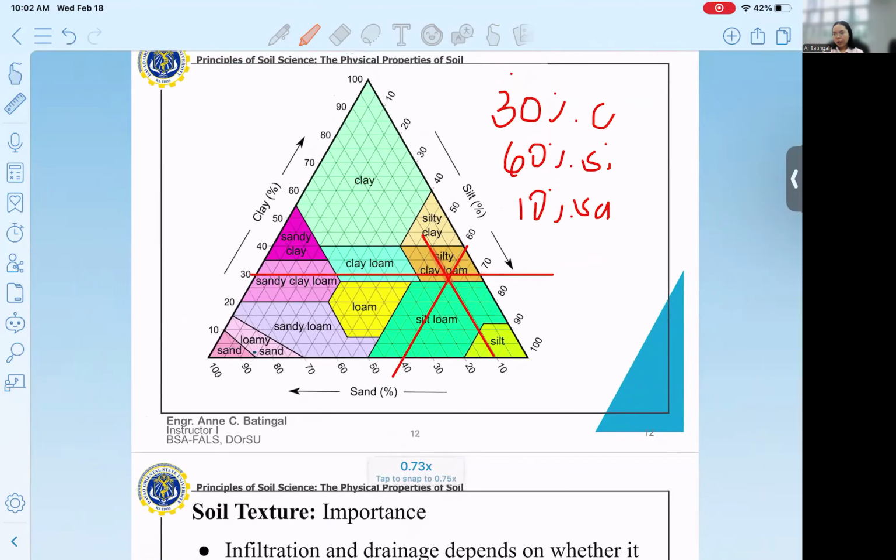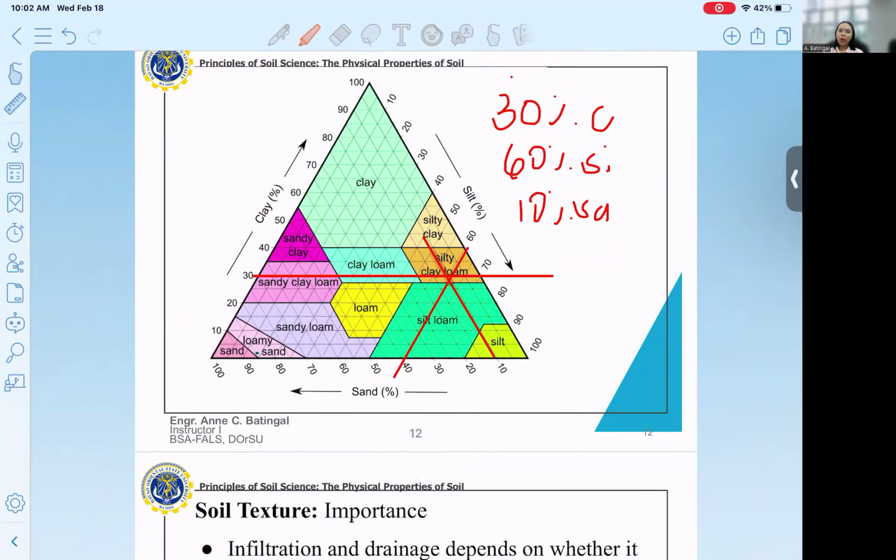Using this soil texture triangle, loam is the very ideal soil because it has the right proportion of sand, silt, and clay. It can hold moisture and nutrients, but enough to promote good aeration in your soil.